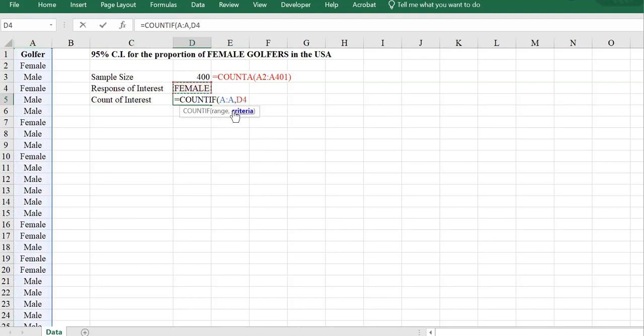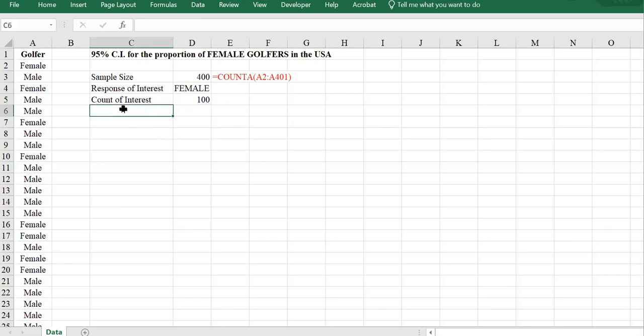So COUNTIF, the range: we're going to count all the cells in column A, and the criterion that we're looking for would be the word female. So this would give us the count of female in our sample. And with this, we can go ahead and find the sample proportion, P bar. I mean, you can write P bar if you would like.